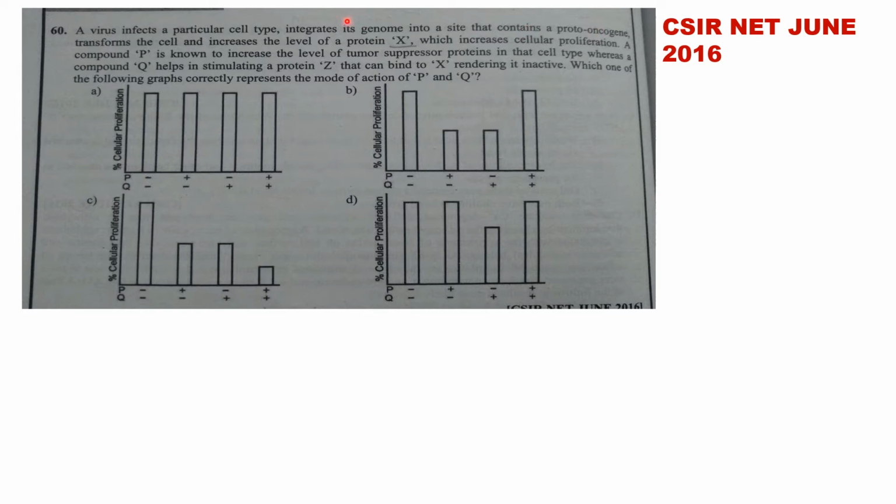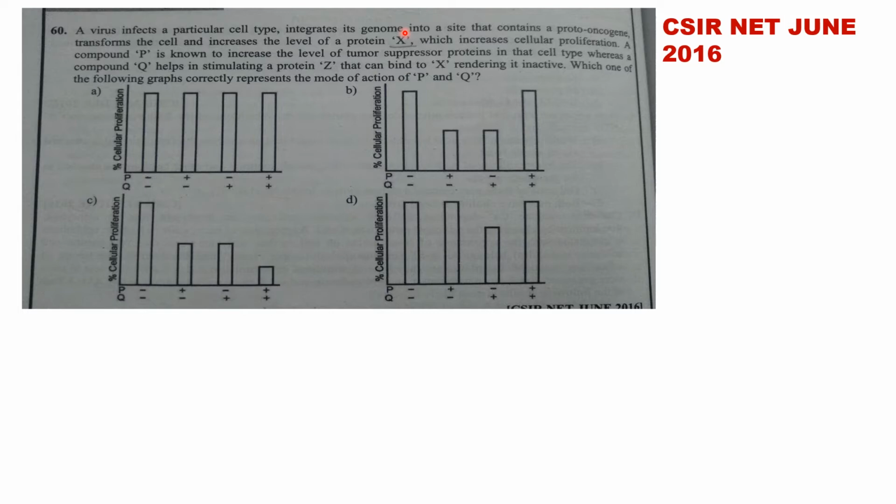So here a virus infects a particular cell type, integrates its genome into a site that contains a proto-oncogene. Because of the integration of genome of virus, this proto-oncogene will become an oncogene and that will increase the level of protein X. Normally, this proto-oncogene is producing this protein X in regulated manner.